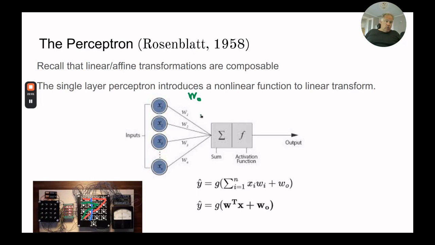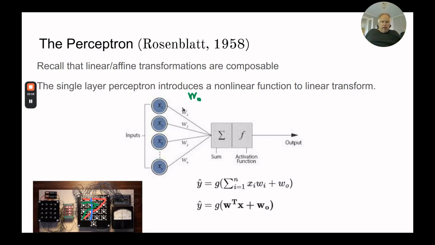The threshold is always clamped to an input of -1, so it's just a repositioning thing. But the weight associated with the threshold is going to vary as we do the learning.